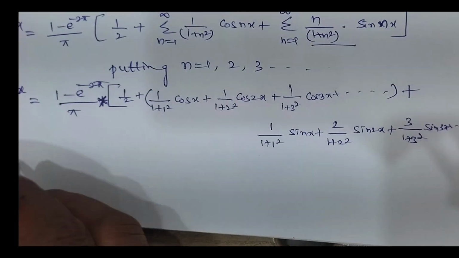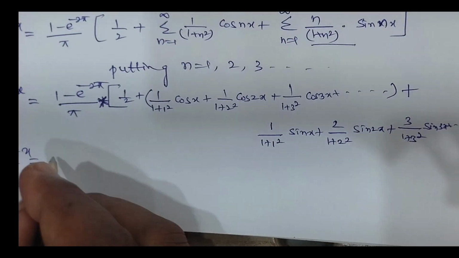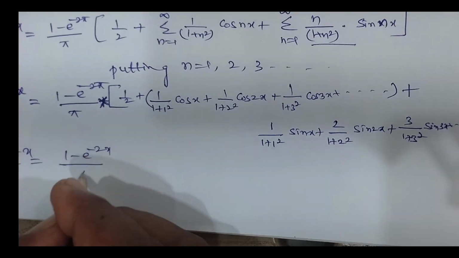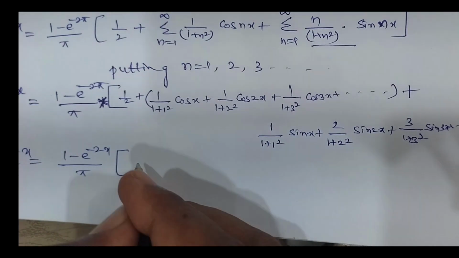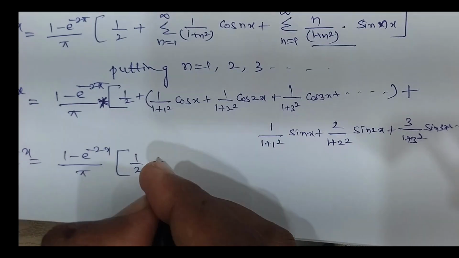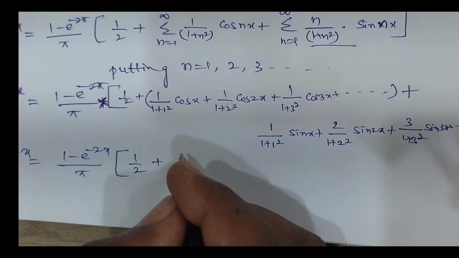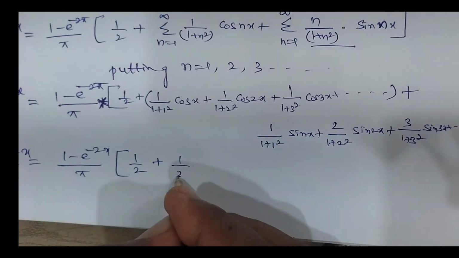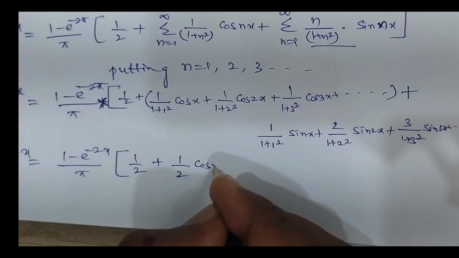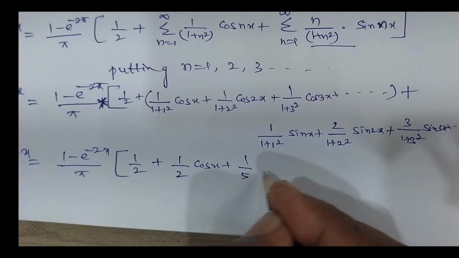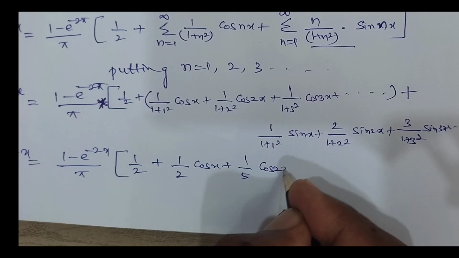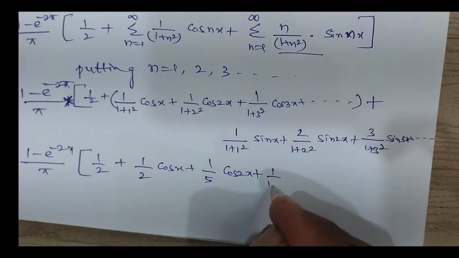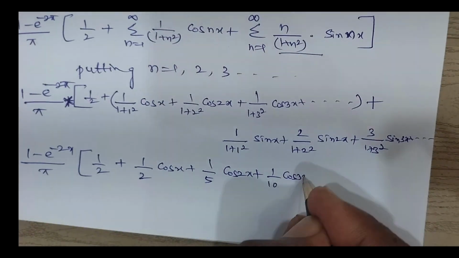So next, e power minus x is equal to 1 minus e power minus 2 pi by pi into 1 by 2 plus, that means, 1 by 2 into cos x plus 1 by 5 into cos 2x plus 1 by 10 into cos 3x.